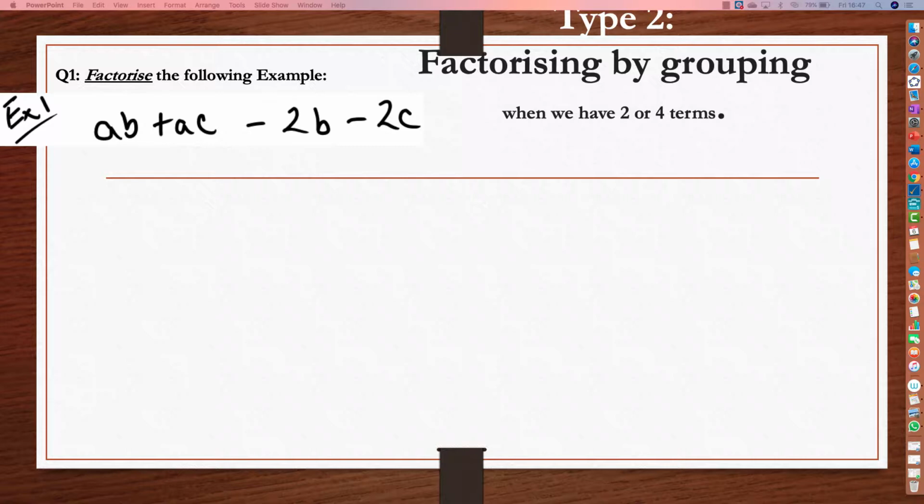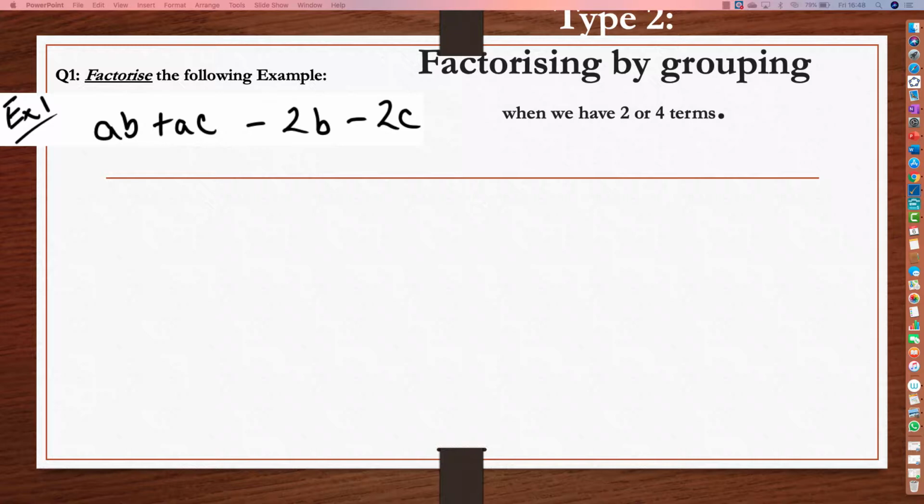Alright? And grouping has 4 terms. Is that okay? So, 4 terms with grouping, and it's literally the exact same thing as we've been doing with highest common factor, except we take it in pairs.